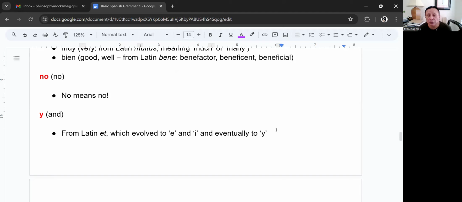Anyway, I'm just flexing my language skills here. Y means and. It's always a little funny to me as a native English speaker to see one letter words, right? Full on words, not just an article like a. Like o in Spanish means or, and y in Spanish means and.